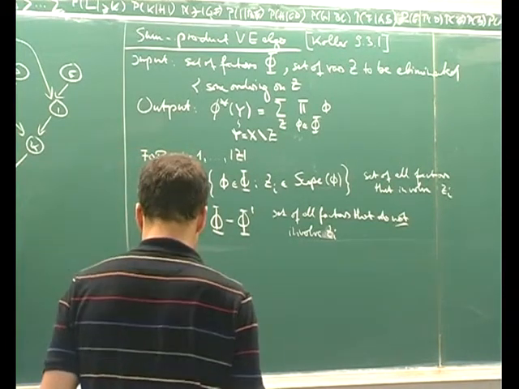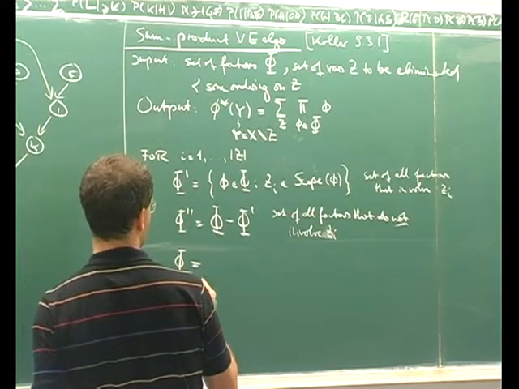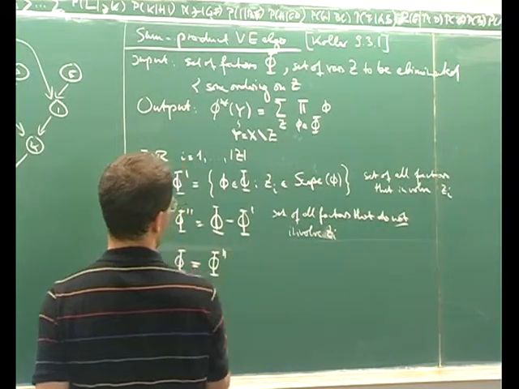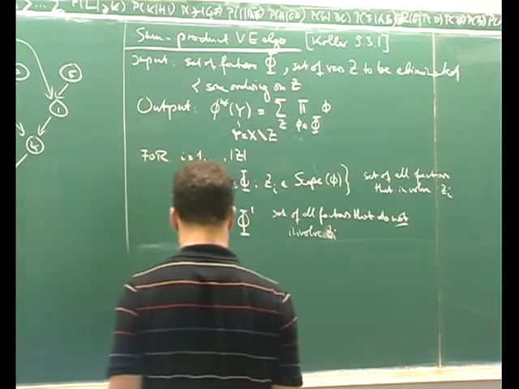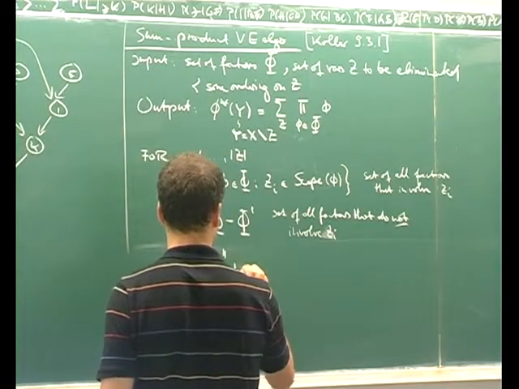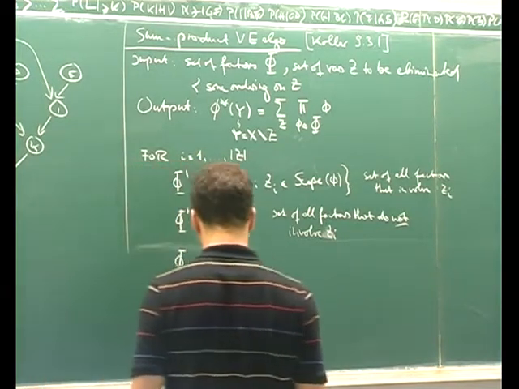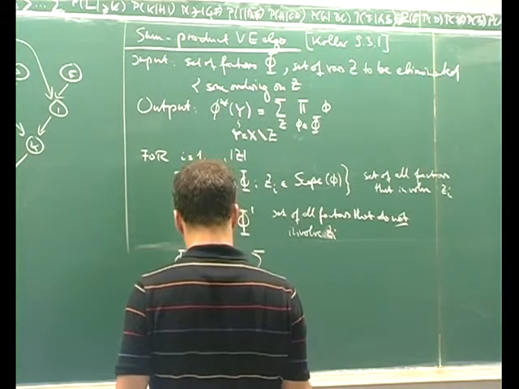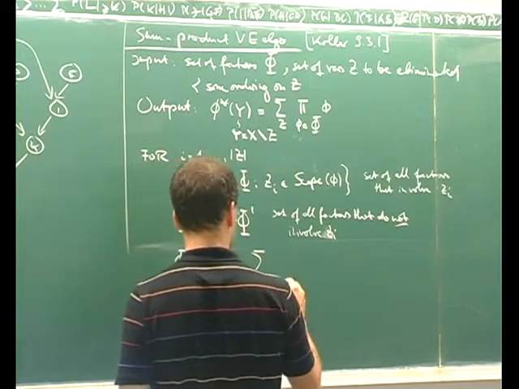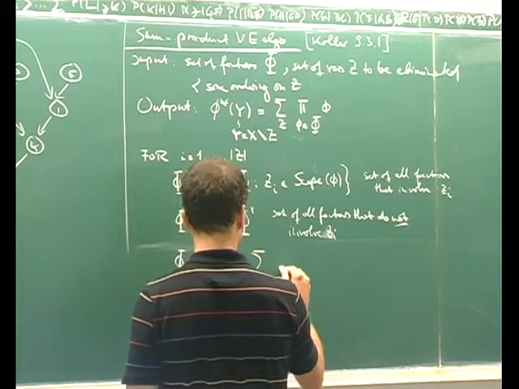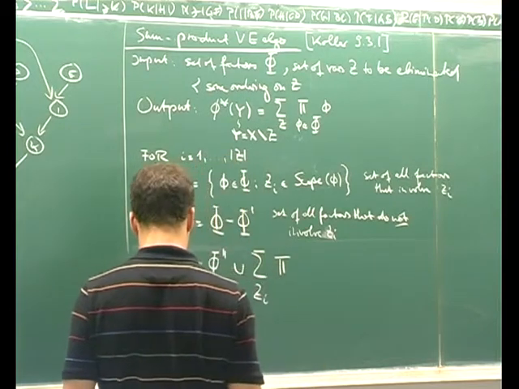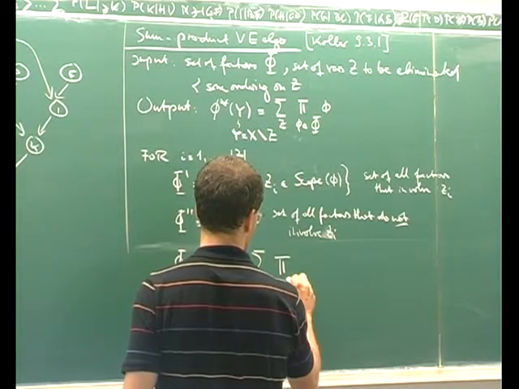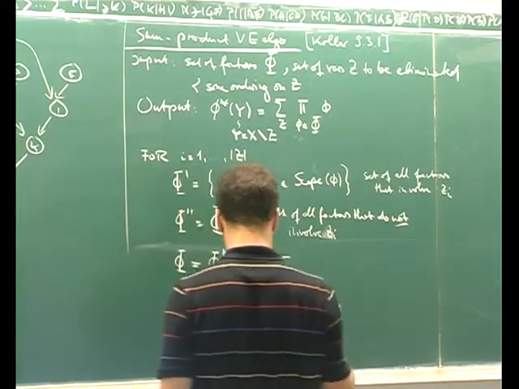And then we have a new or an updated set of factors, which consists of the old factors that were not affected in any way, and the union of that with, now comes the sum product contribution: the sum over the variable z_i multiplied with the product of all factors that somehow involve z_i.